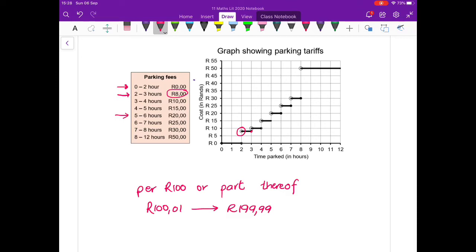This would also give you a step. So because between your 100 and your 200, you would pay the same fee. And then for the next 100, you would pay the fee again for the next 100. So any value from the beginning of that 100 to the end of that 100 would be charged as a flat rate.